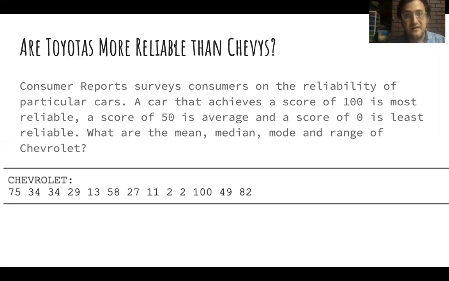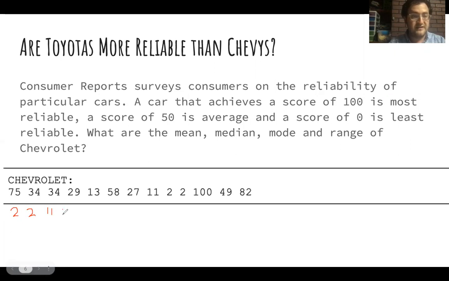So when you have a list of data, the first thing that you want to do is make sure that you are putting the data in order from least to greatest. So the Chevy has two cars that rate 2 out of 100.